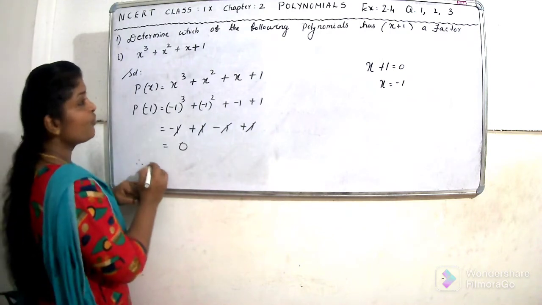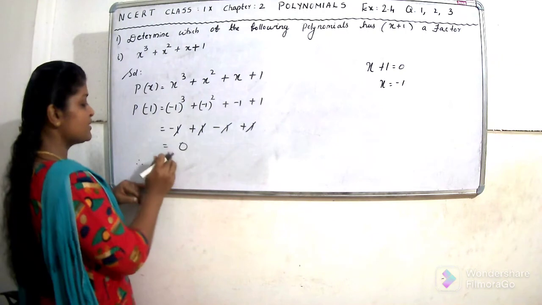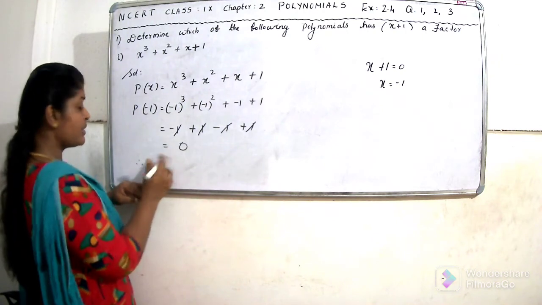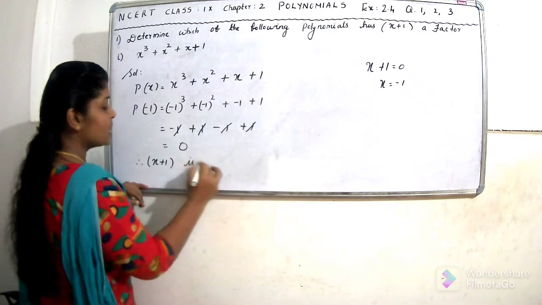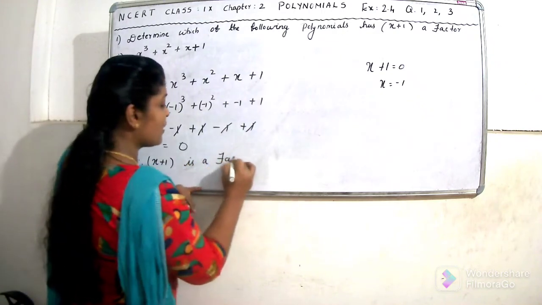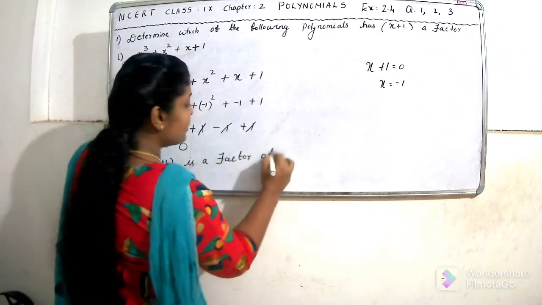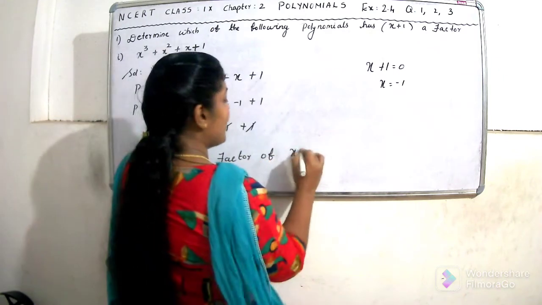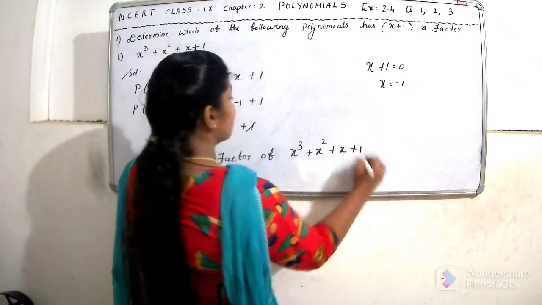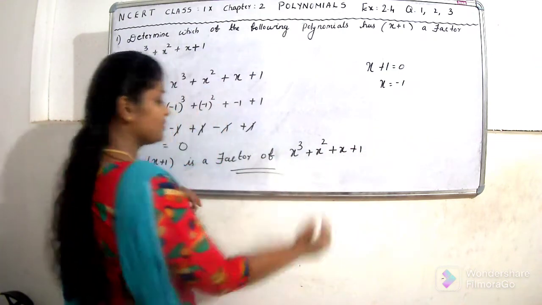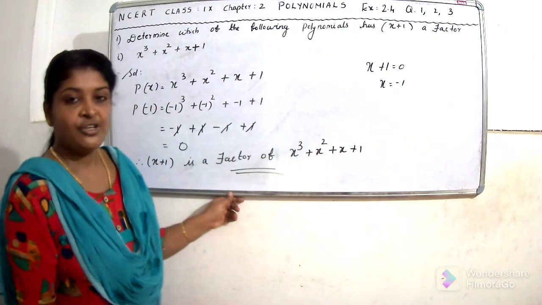Therefore, in this particular question the remainder is 0. So therefore x plus 1 is a factor of x cube plus x square plus x plus 1. This is the answer for the first question.